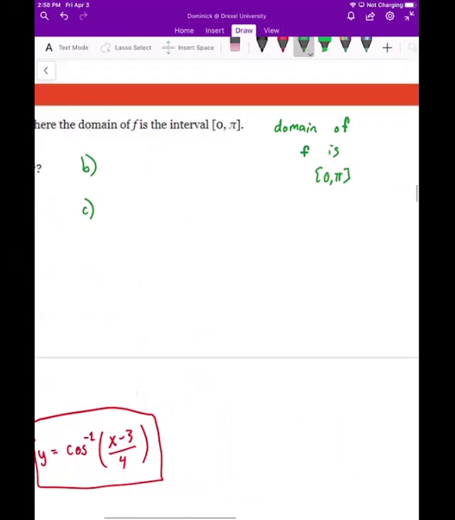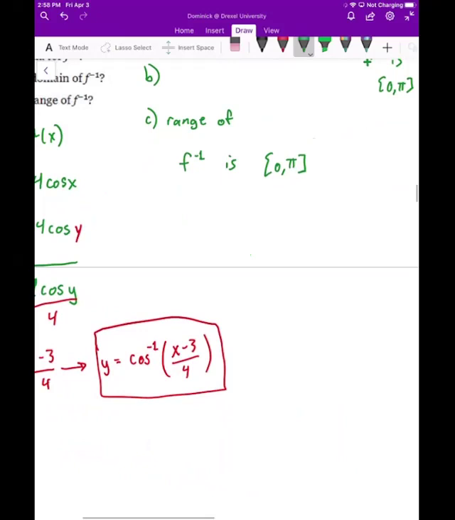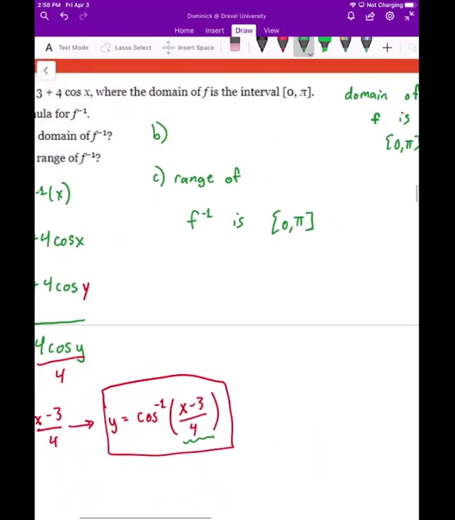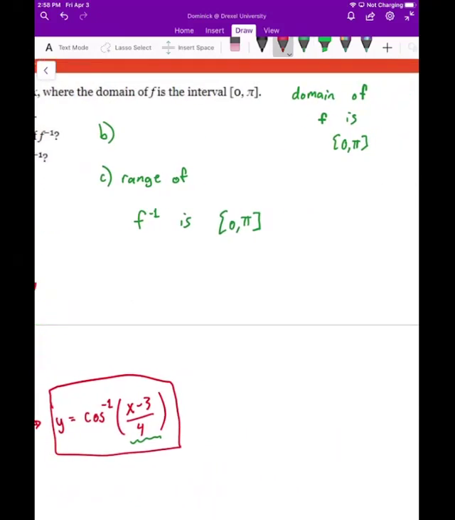So the range of f inverse is 0 to pi. And of course that makes sense, because we have the inverse cosine of some angle. We don't really care what it is, but we know that the range of the inverse cosine is from 0 to pi. Now, for the domain, we need to know the range of f.